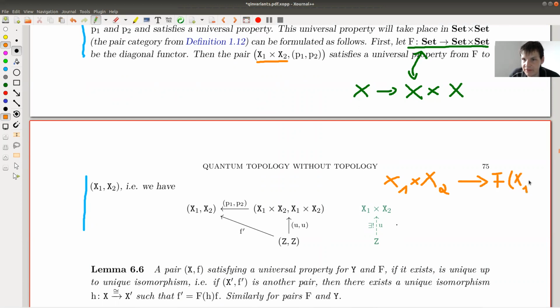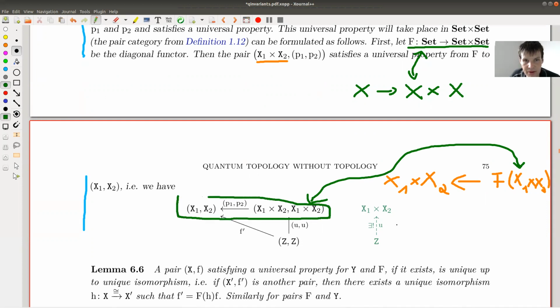You would fix a map, but not quite, we are in the opposite, so you would need to fix a map in the other direction. This guy, however, because f is the diagonal functor, is just a double pair. Nothing really scary. So this is our choice of f from above, and the coordinates of f are just the projections, either the first or the second coordinate projection.